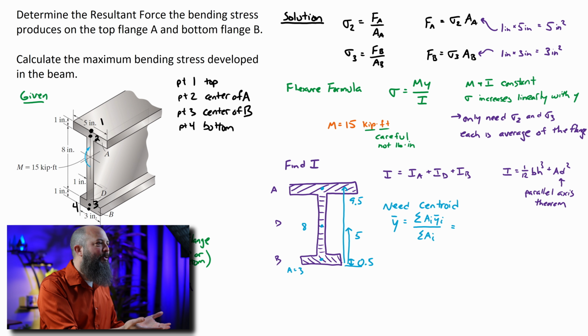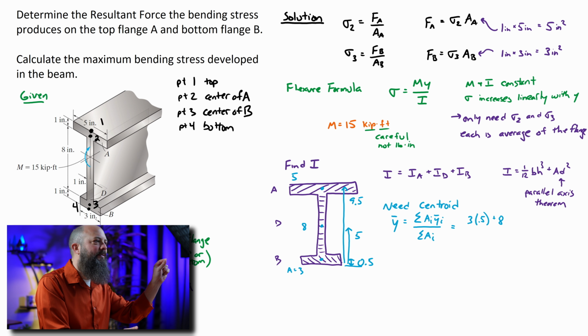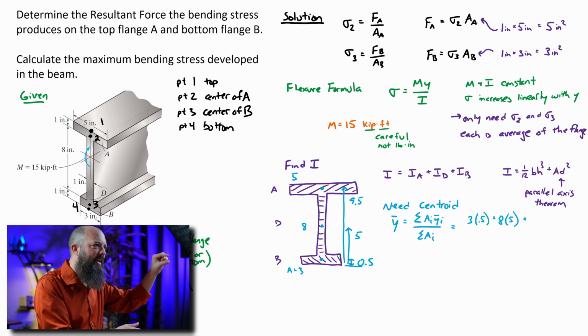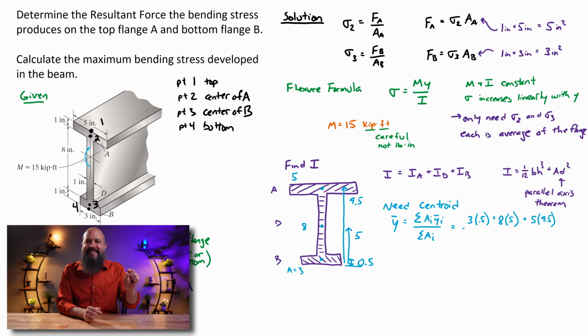My areas are, let's see, 3, 8, and 5, just based on base times height. And then my distances are 0.5 on the bottom, because it's a thickness of 1. Then 5 up to the middle, which is 1 plus 4. And then 9.5 up to the top, the 1 plus 8 plus an extra 0.5.